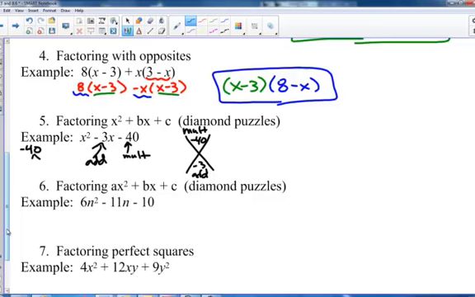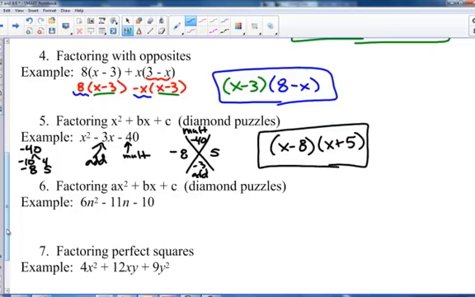Negative 20 and 2 won't work. Let's see, negative 10 and 4, that won't work. 8 and 5. So negative 8 and 5. So because negative 8 and 5 are our answer, our factored form is x minus 8, x plus 5. And you could have the x plus 5 first. It doesn't matter the order, as long as the parentheses are the same.